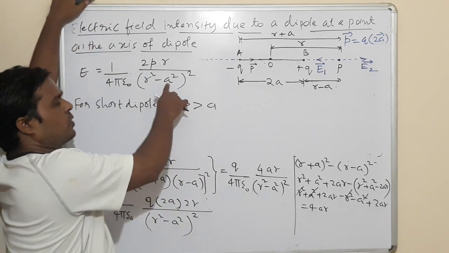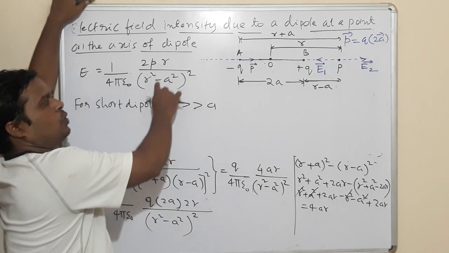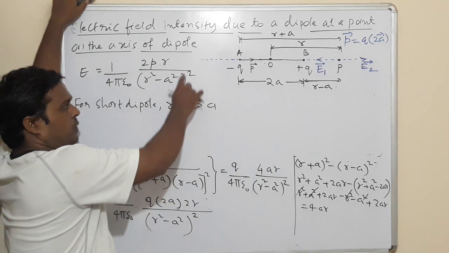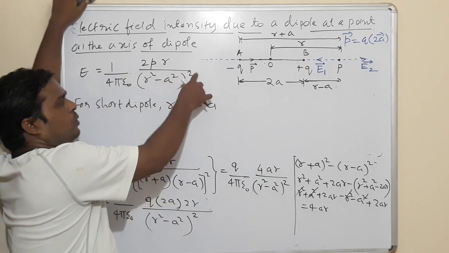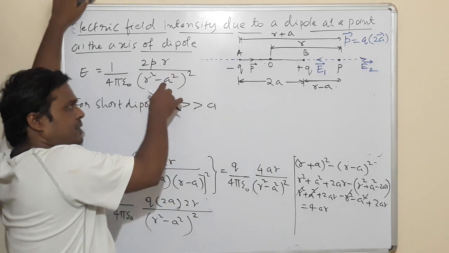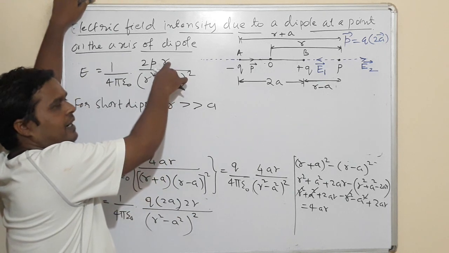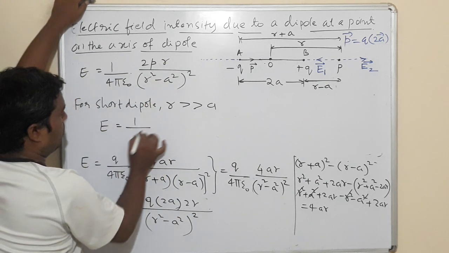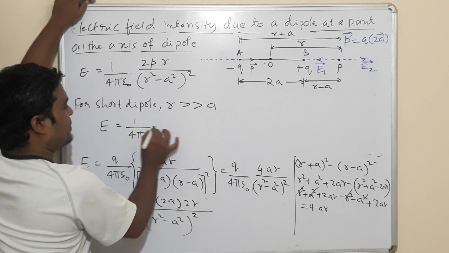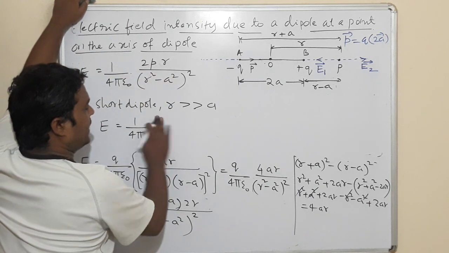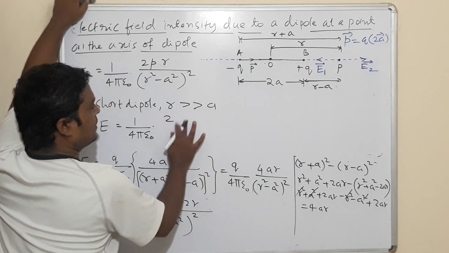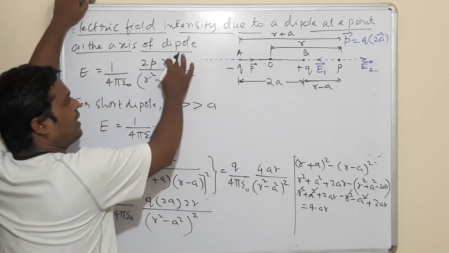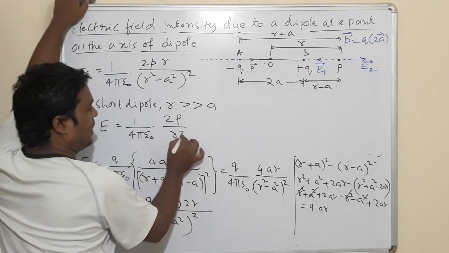That means in the approximation you can take a equal to 0 here. Then it will be r square whole square, which is r raised to 4. In the numerator one r is there, you cancel it. What we get is E equal to 1 by 4 pi epsilon naught, 2p, divided by r raised to 4, with r by r raised to 4 being r cube.